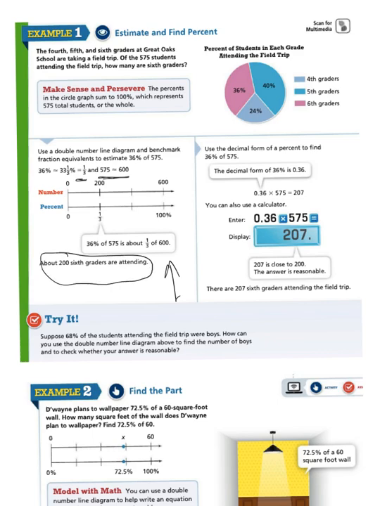6th graders. You can also do this using a calculator, and you can turn 36% into a decimal. Well, you know that 36% as a fraction would be 36 over 100, and 36 divided by 100 is indeed 0.36.